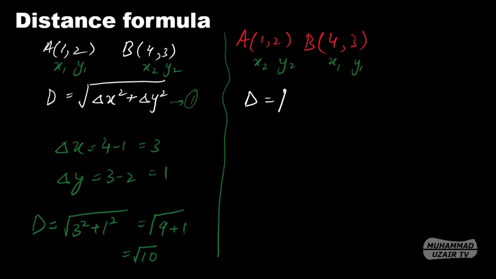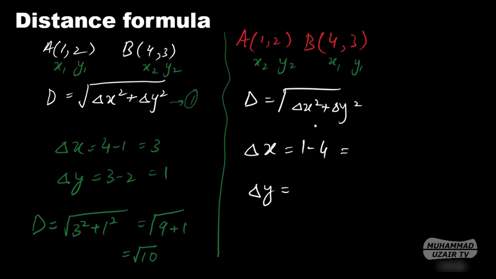Using this formula, delta x square plus delta y square. So delta x will be equal to x2 minus x1. x2 is 1, so 1 minus 4. And delta y will be equal to 2 minus 3.